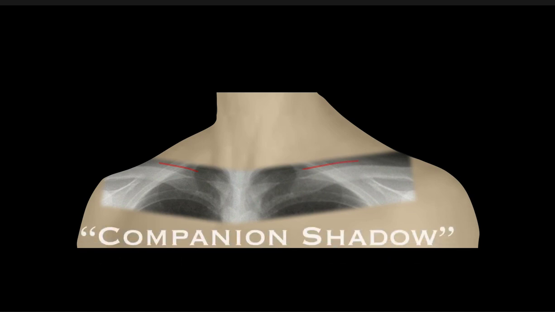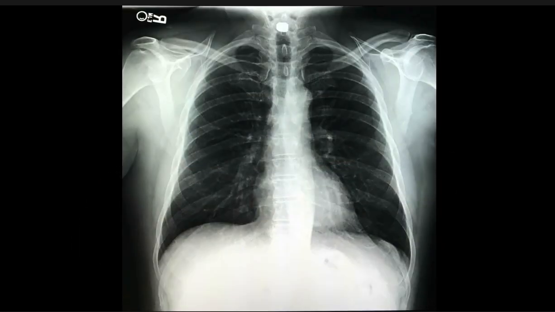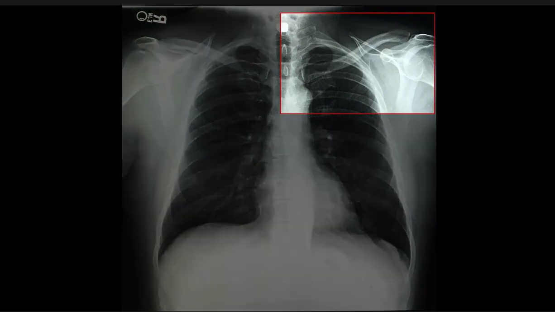So here we go. In the prior talk, we talked about this extra soft tissue stripe that occurs along the upper edge of the clavicle. And you can see it sort of here and there, and we call that a companion shadow, right? It's often seen right here in the upper ribs.